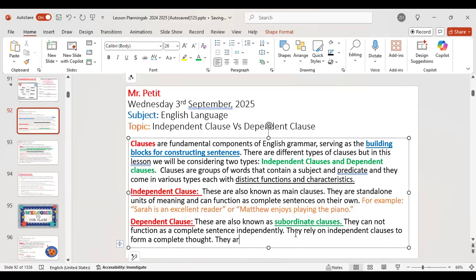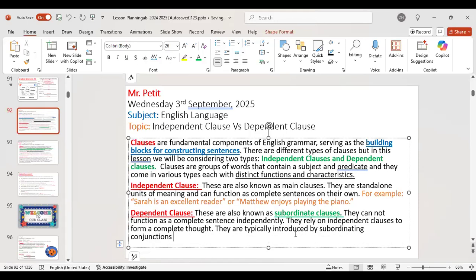They are typically introduced by subordinating conjunctions, like although, because, if, when, and while.